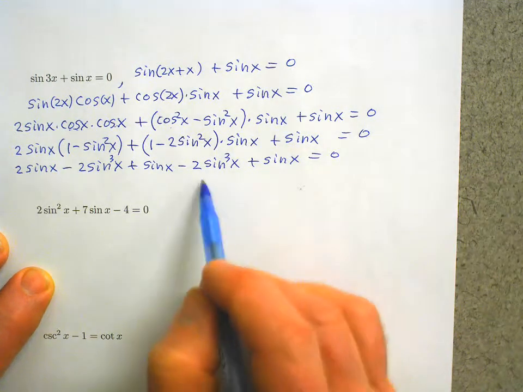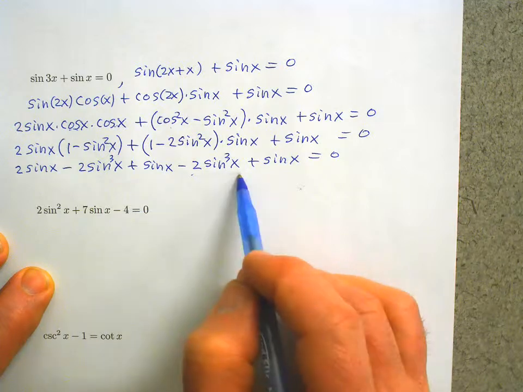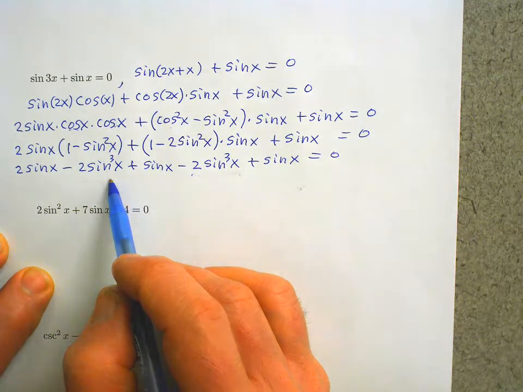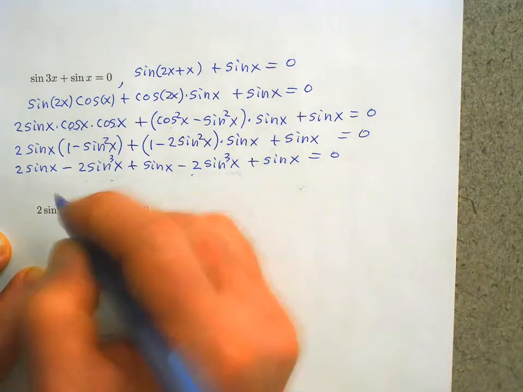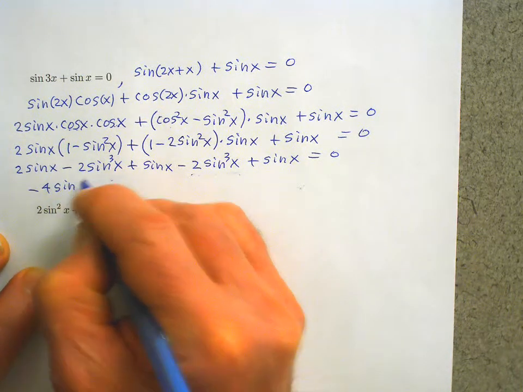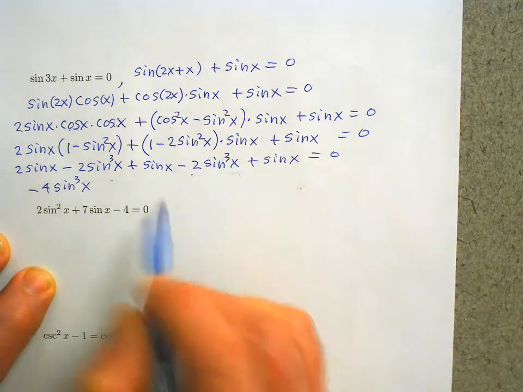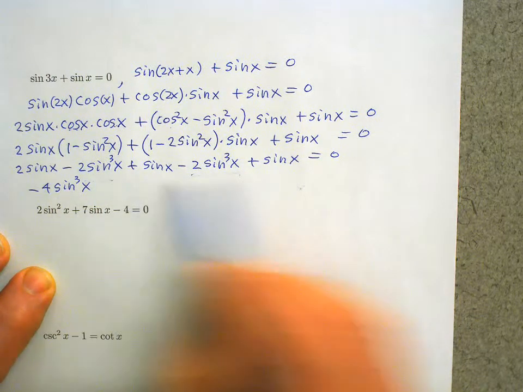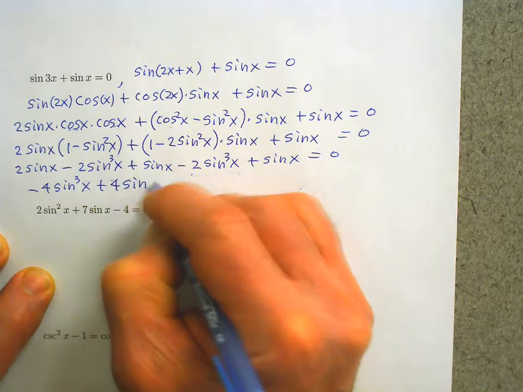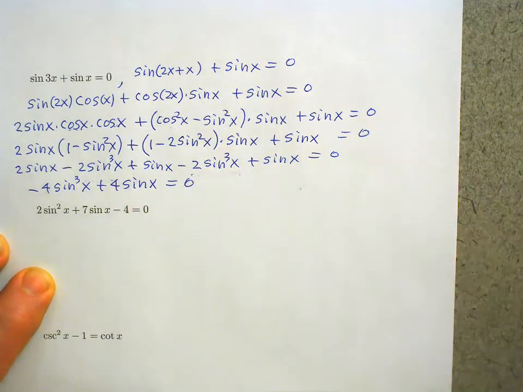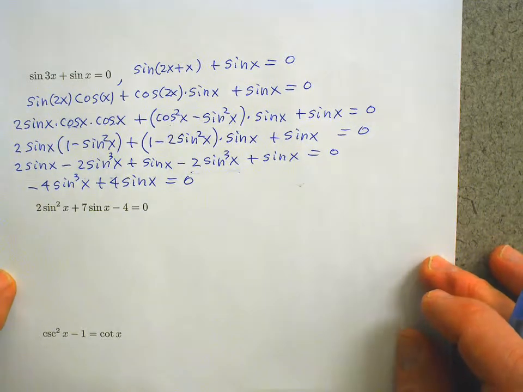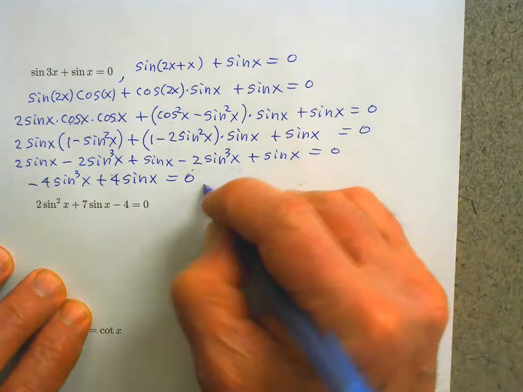And now we can combine like terms. So we're going to get negative 4 times sine of x cubed, and then plus 4 times sine of x equals 0. Yeah, that looks right.